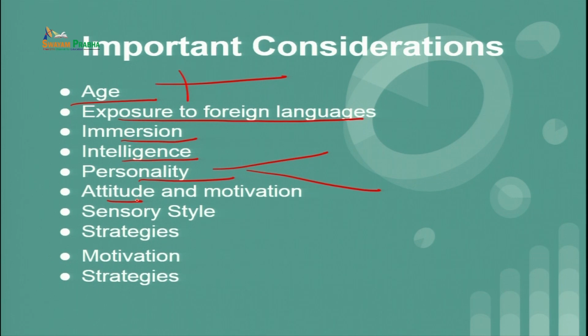If it is negative, you can always try your best to change their motivation, and you can take the help of motivational talks which can help the learners change their attitude, or rather improve their attitude. Then sensory style, whether the learner is inclined towards visual or auditory.